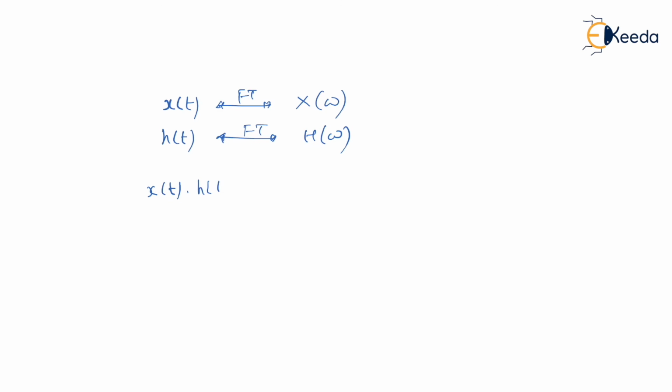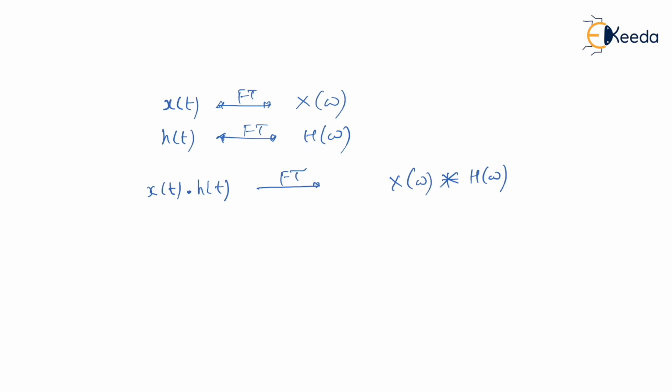Let's say x of t's Fourier transform is X of omega, and h of t, being the impulse response, has Fourier transform H of omega. If I take the product of x of t and h of t, then it will have a Fourier transform as the convolution of X of omega with H of omega.